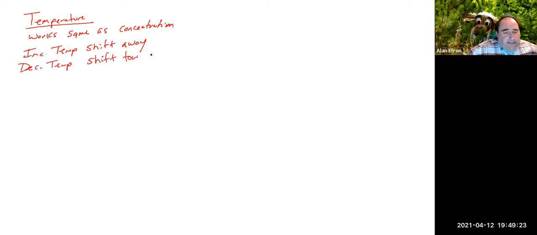Now you may be asking, which way is it shifting? Away and towards what? Temperature really involves the type of reaction that you're dealing with, and the type of reaction is whether it's exothermic or endothermic. So as a reminder, let's talk about what those reactions mean.